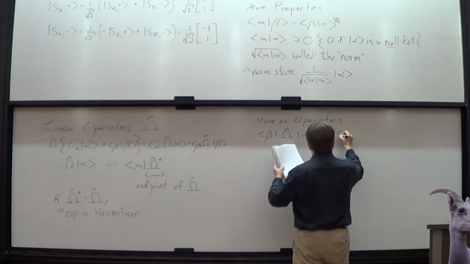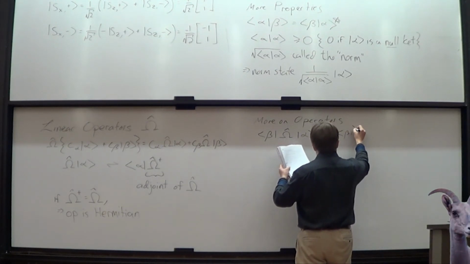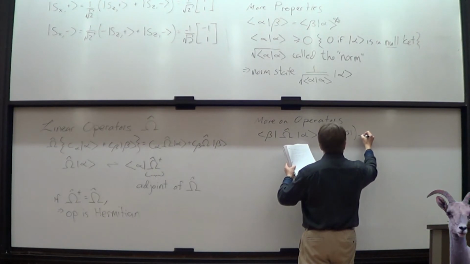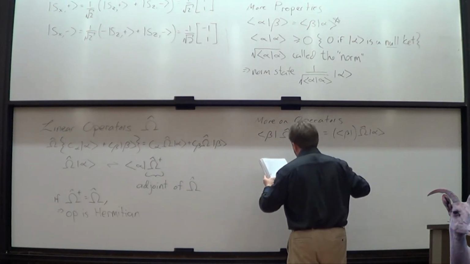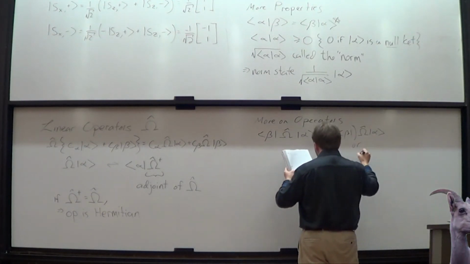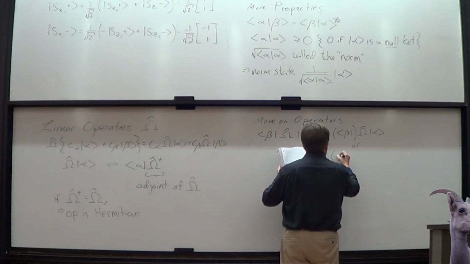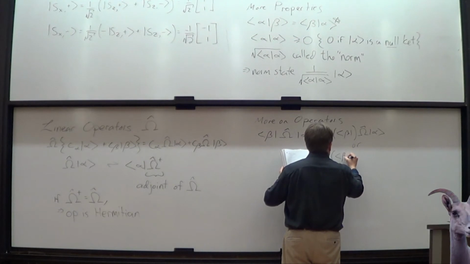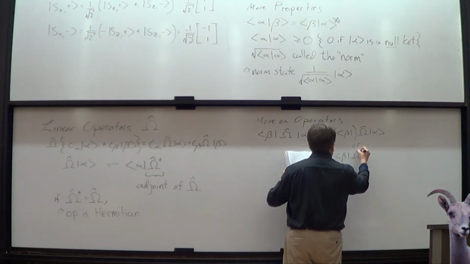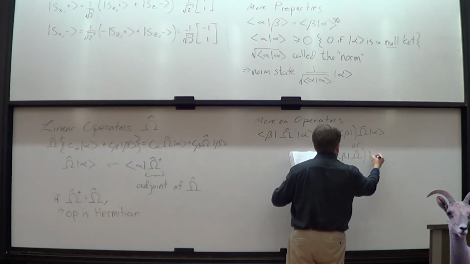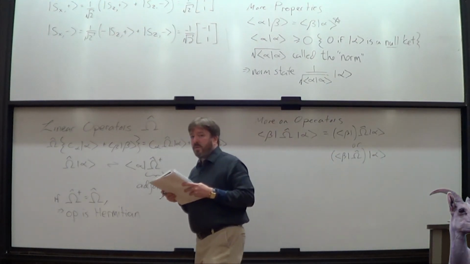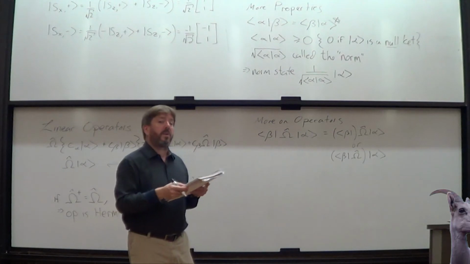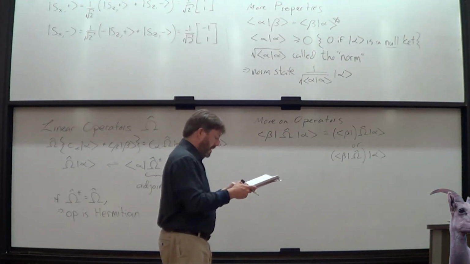We're going to say that the bra is going to hang out by itself, and the operator is going to deal with the ket. But we don't have to. We could say that the operator is going to work on the bra, and the ket is going to stay by itself. That is also a possibility, and you'll see those when you have to start doing some proofs.